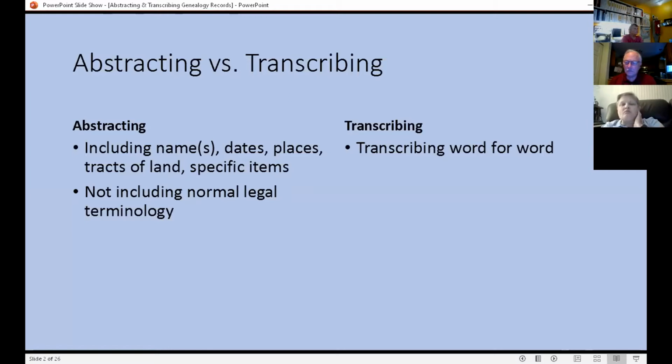Also the word bequeath, you would include the person's name and so forth, that type of information. When you're transcribing or extracting a document, you're including everything word for word that basically is written. So those are the two basic areas of difference between abstracting and transcribing of records.